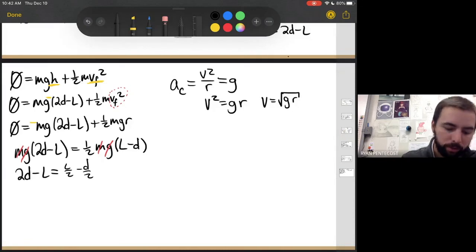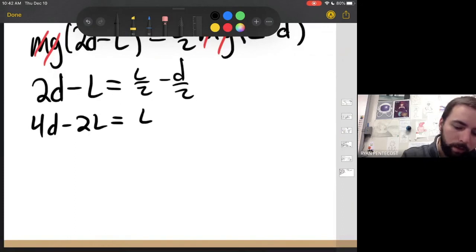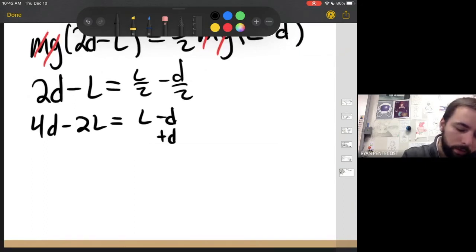So now let's just solve for the distance d. Let's multiply everything by 2. Oh goodness, lagging on me a little bit. Zoom in. We have 4d minus 2L equals L minus d. Let's add that d over, so plus d.